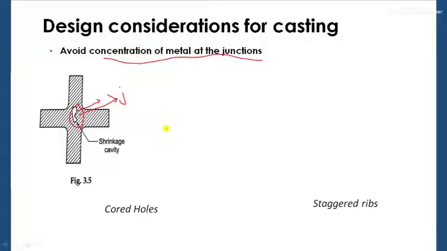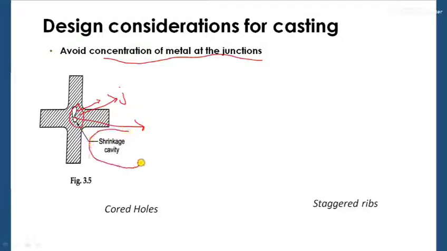This is a cast product, right? So once the complete component is casted, and the molten metal which we are preparing for the casting purpose solidifies, the central portion remains in a molten stage, and which results in a shrinkage cavity or blowhole at the center.